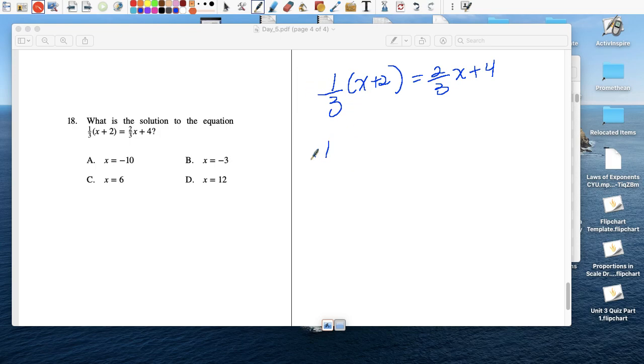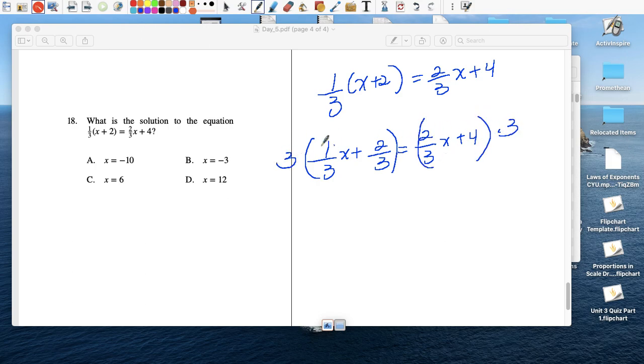Let's do distributive property. So I get 1/3 x plus 2/3. And then over here, I don't do anything, plus 4. Now, I would multiply everything on this side by 3 and everything on this side by 3. 3 times 1/3 is just x. Then 3 times 2/3, that 3 and the bottom 3 simplify to 1, and all you have left is 2.